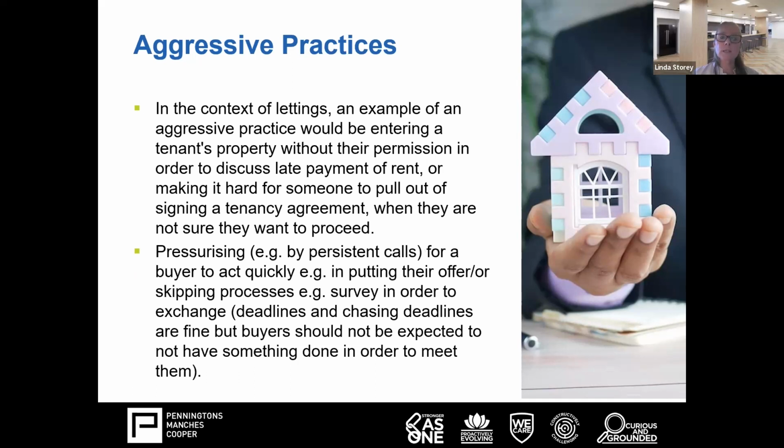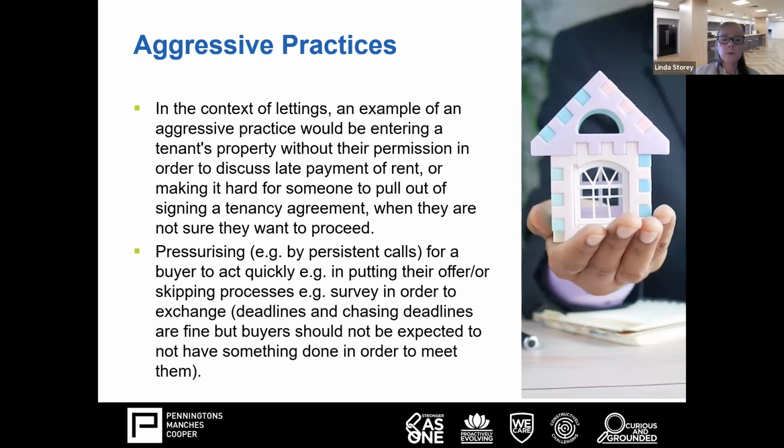So now, in the context of lettings, obvious things like entering the property and refusing to leave until payment is made. And I've put there at the bottom, pressurising a buyer to act quickly. And this isn't what I would call normal chasing for deadlines, for exchange and completion, and have you organised your mortgage and all the normal appropriate action.